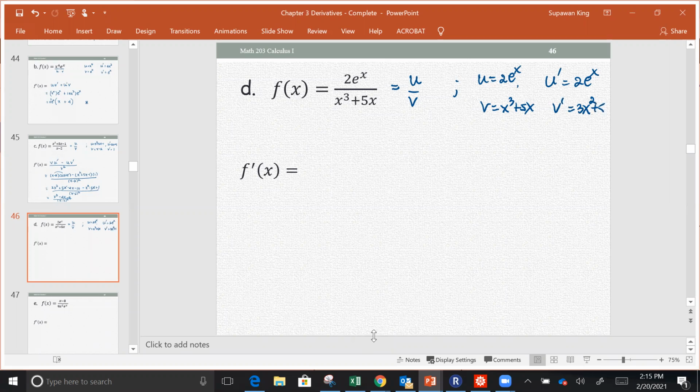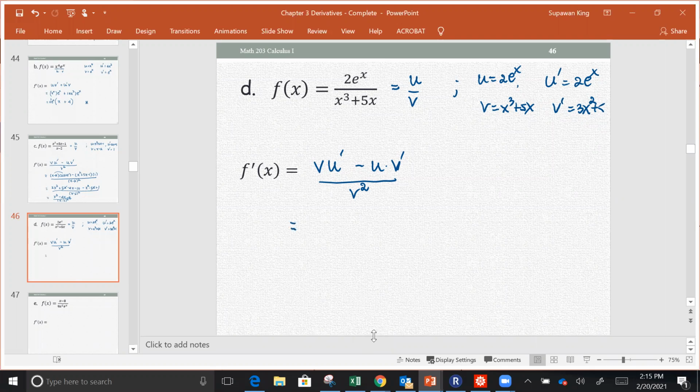Apply the quotient rule. V first, or the denominator first, and then multiply by the derivative of the numerator, and then the other form, which is the numerator multiplied by the derivative of the denominator, divided by the denominator squared. So v u prime minus u v prime, all divided by v squared.